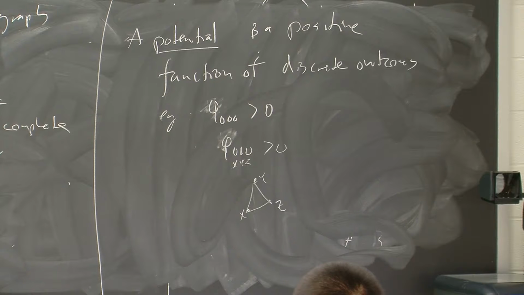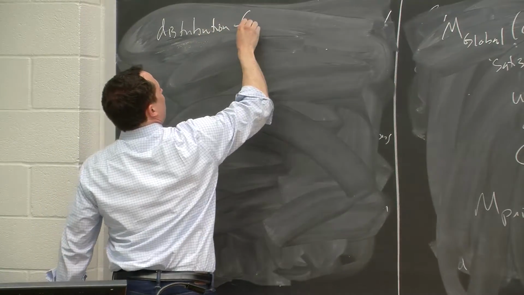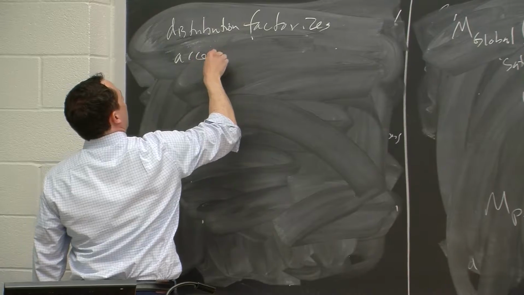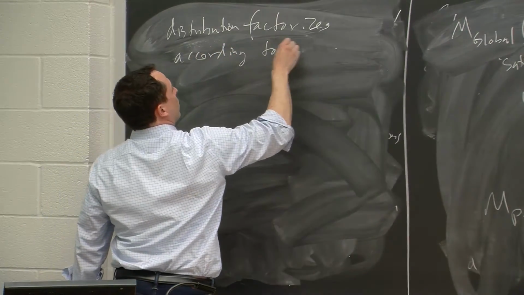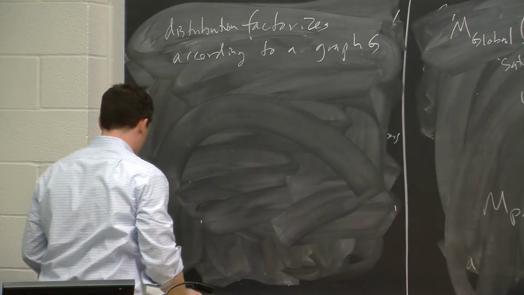So a probability distribution factorizes according to a graph G. This is a definition.